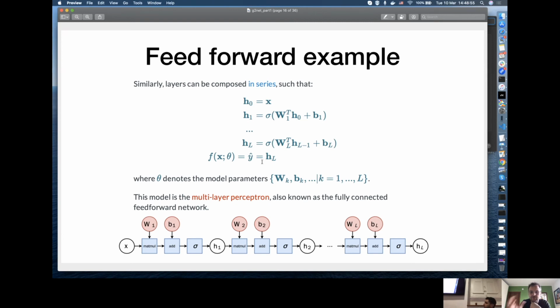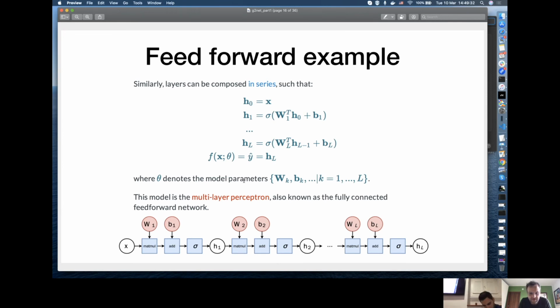And you can represent all this machinery with theta, which denotes the parameters of the model that you wish to optimize. This is called a multi-layer perceptron, also known as a fully connected feed-forward network. It's fully connected because the output of a layer goes into the input of every unit of the next layer. So it's not sparse at all. Every layer goes into all the neurons of the next.